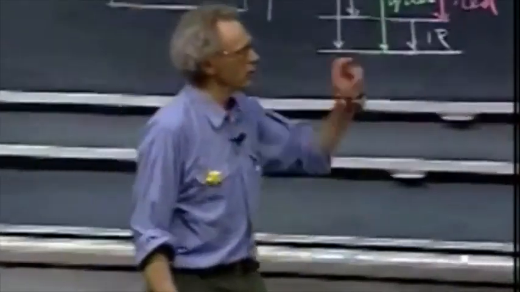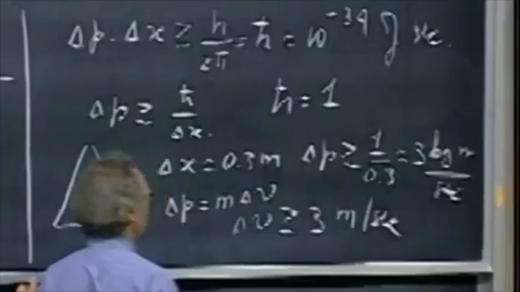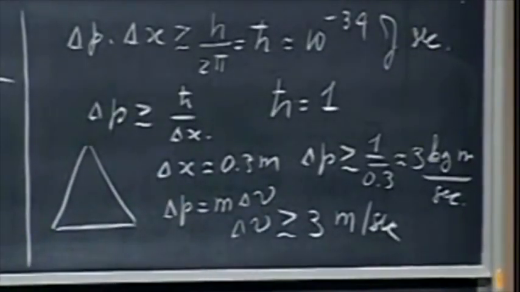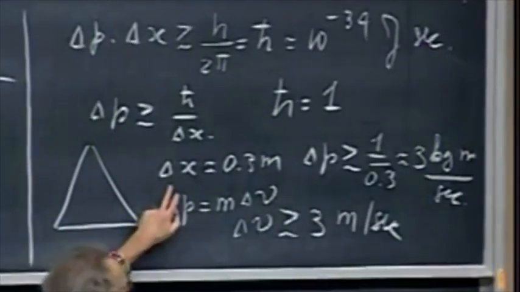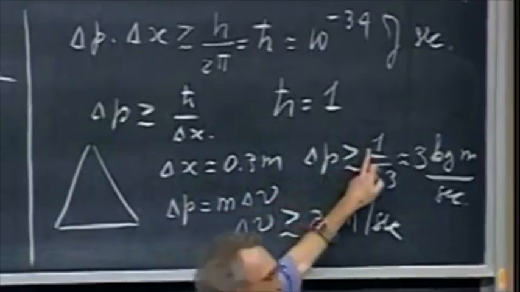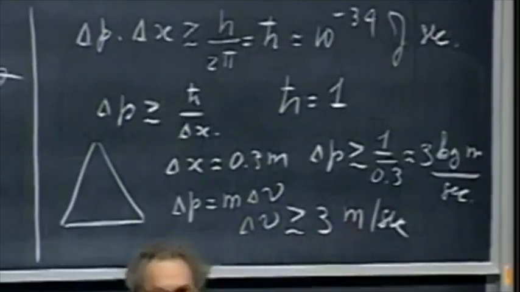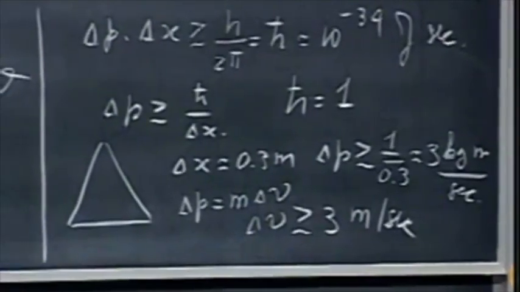So let's now return to the real world, where h bar is not 1, but where h bar is 10 to the minus 34. And let's now put a billiard ball inside this triangle. Now, delta x is the same, but since h bar is 10 to the minus 34, delta p is of course 10 to the 34 times smaller, and so the velocity is 10 to the 34 times smaller.